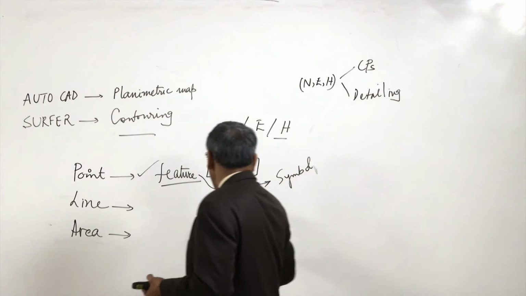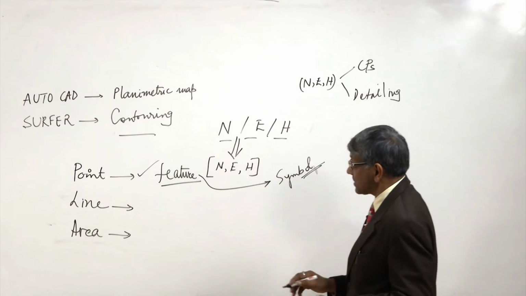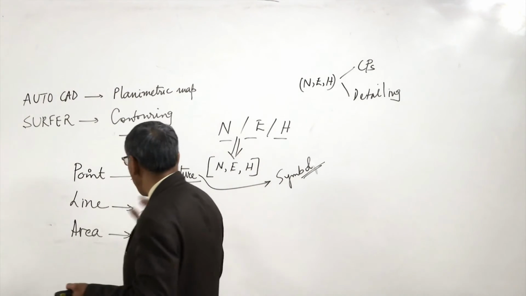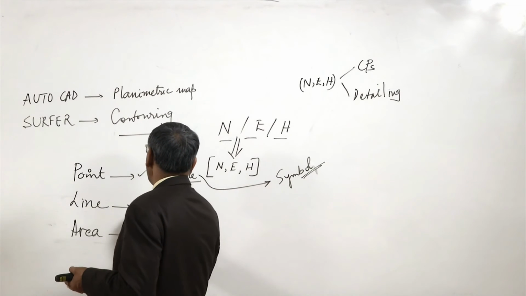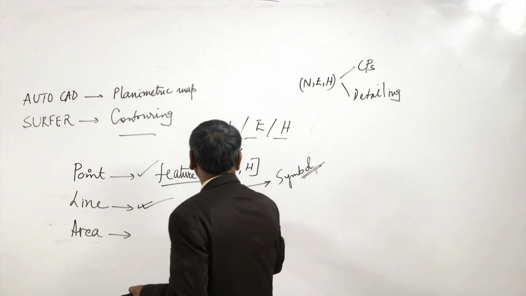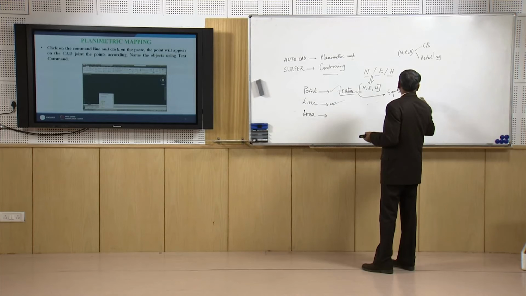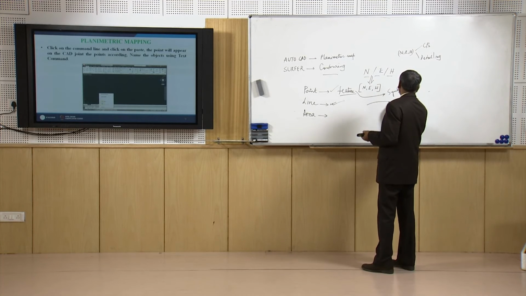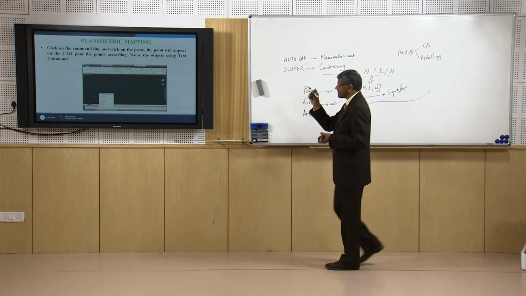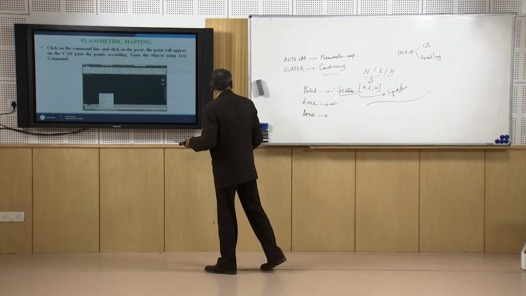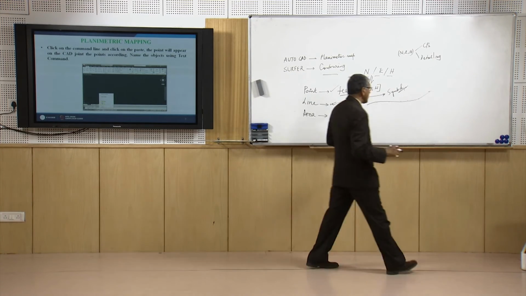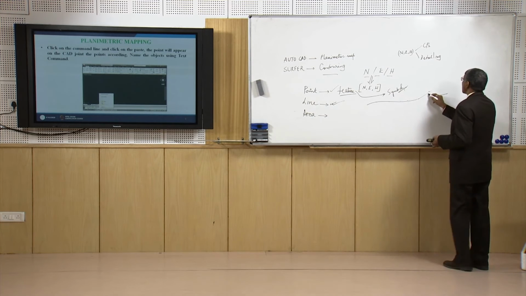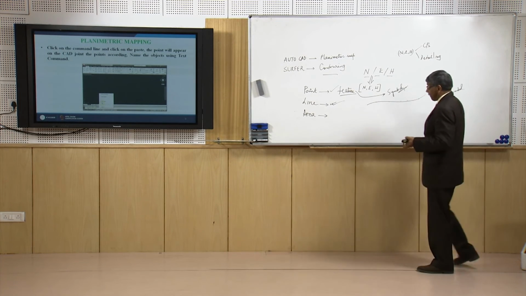In that way all the point objects have to be represented by their symbols. Then for line objects, all the points which belong to the same line have to be joined using the line command available in the software, and we also have to make use of the corresponding symbol to represent the object.